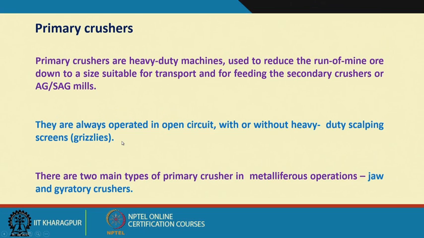So, normally what happens, suppose I have a crusher that can accept a top size of a particle up to 1 meter, but in mining operation when you are doing blasting you may not be able to guarantee that no single particle will be coarser than 1 meter.